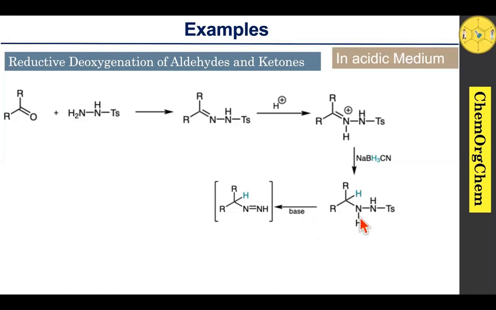That acetate ion quickly takes the proton from here, so this electron pair shifts here, followed by kicking off this tosyl unit, and you will get the corresponding intermediate. After that, these electrons are shifted here, and this H plus ion shifts towards this carbon center, so you will get the corresponding hydrocarbon along with nitrogen gas.